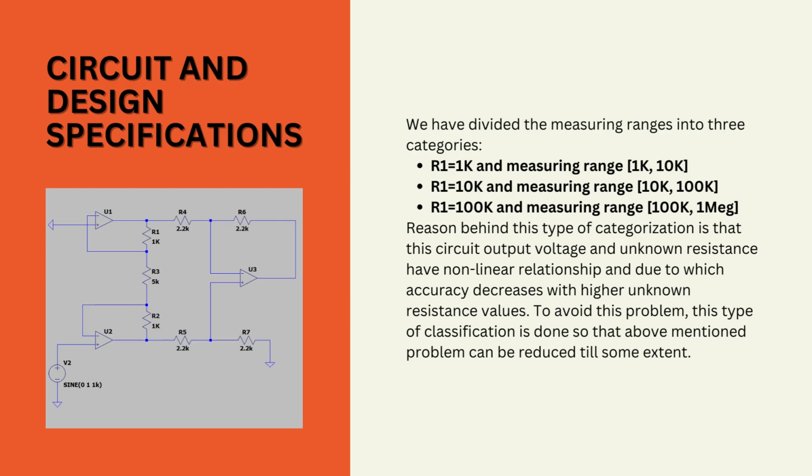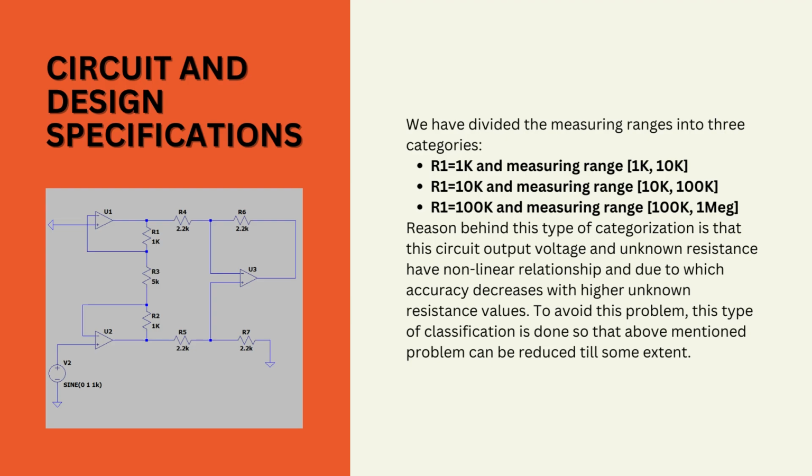If we have an unknown load whose value we know is from 1 kilo ohm to 1 mega ohm, and we are measuring it with R1 first as 1 kilo ohm, and the output voltage is greater than 3 volts, it means the unknown load resistance is less than 1 kilo ohm, which means our initial approximation is wrong.